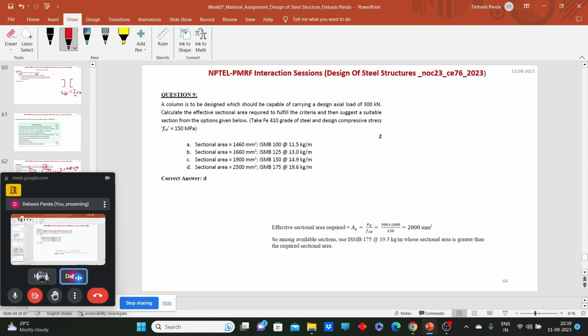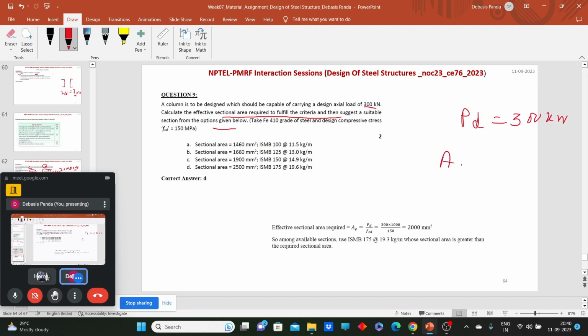A column is to be designed which should be capable of carrying a design load of 300 kilonewton. Now calculate the effective sectional area required to fulfill the criteria and then suggest a suitable section from the options given below. First, what is given here? Your PD value is given here, 300 kilonewton.